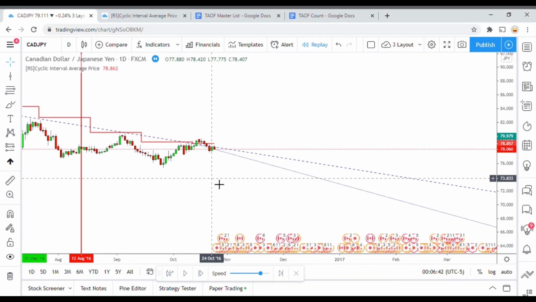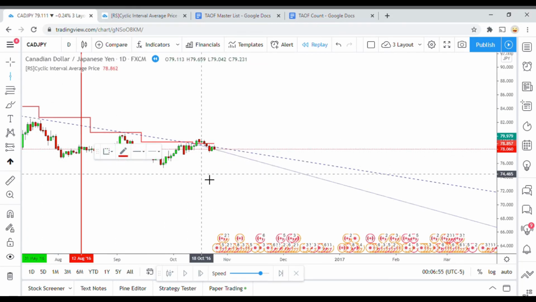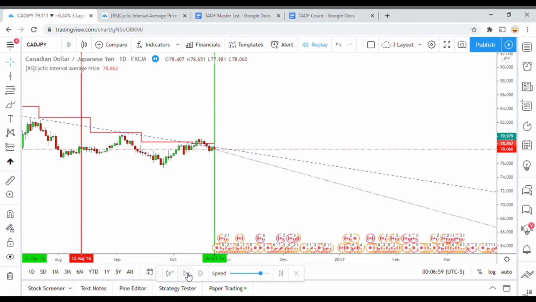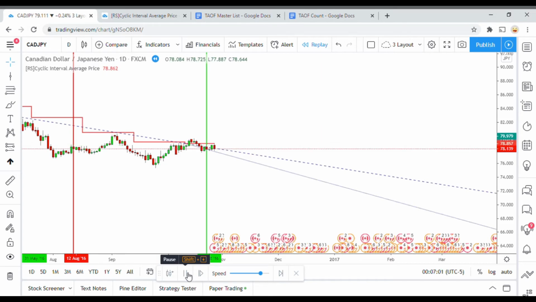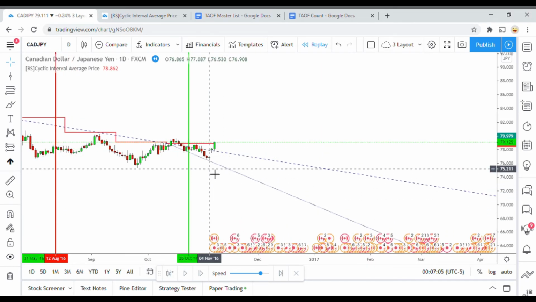Let's see. So there's a valid signal there. Came up above and then broke down below with that one. Just barely squeezing in a signal. Let's go ahead and play it out and see what it does.